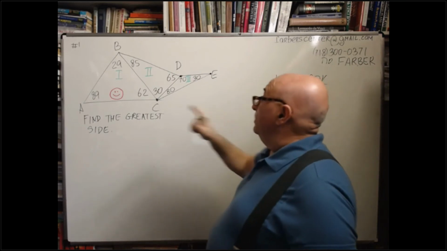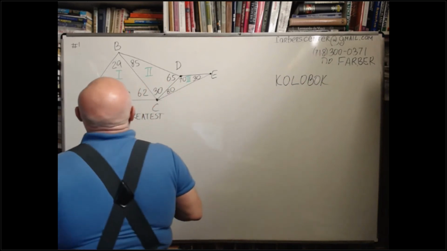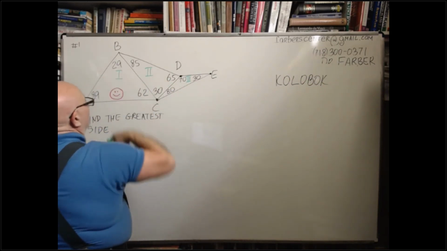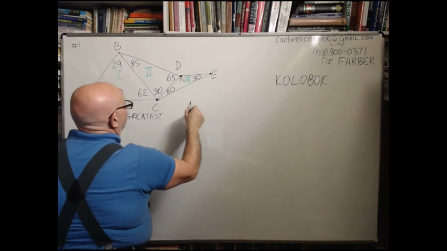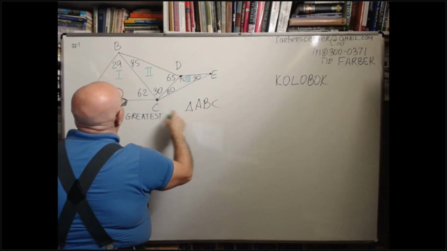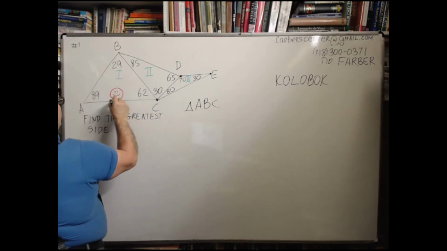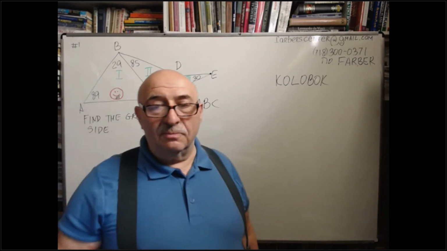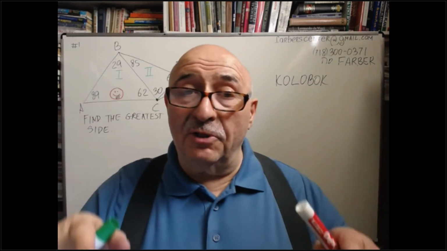Now, he starts his journey in triangle ABC. And this is not just Kolobok, it's GT Kolobok. What is GT? Students? Gifted and talented, right?